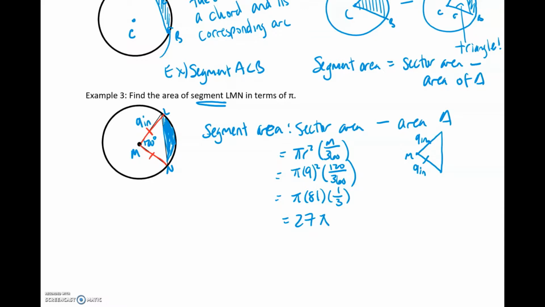All right? And remember, to find the area of a triangle, we know this is 1/2 base times height. So we want to go straight across to make a right angle. Then we have B, then we have H. And why am I doing it this way?